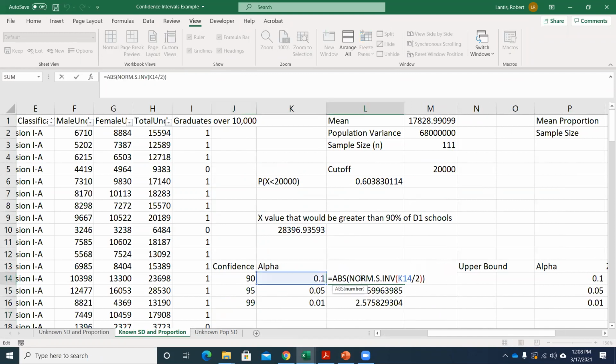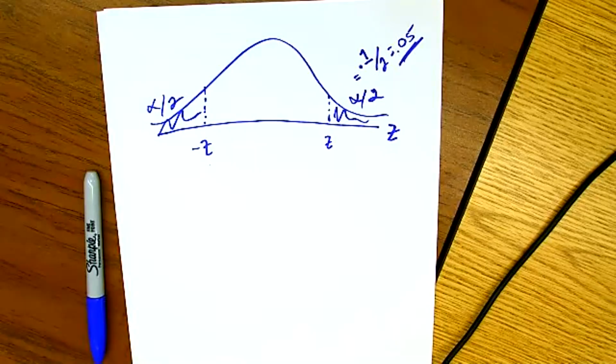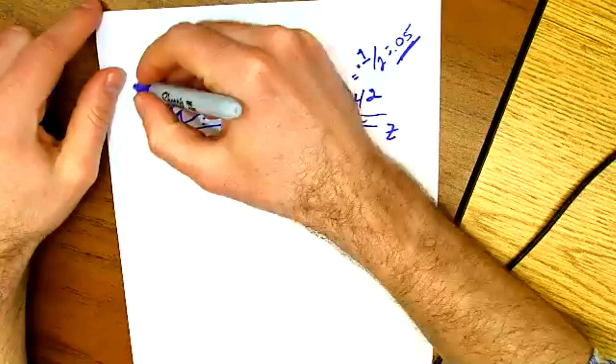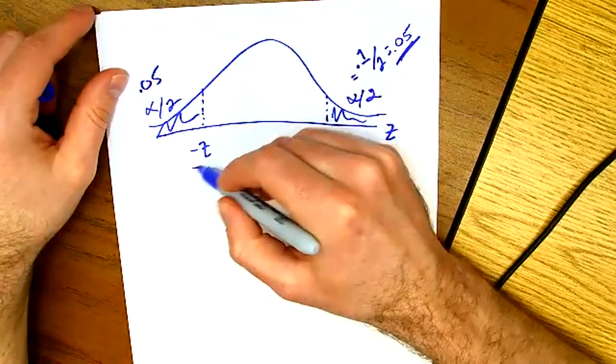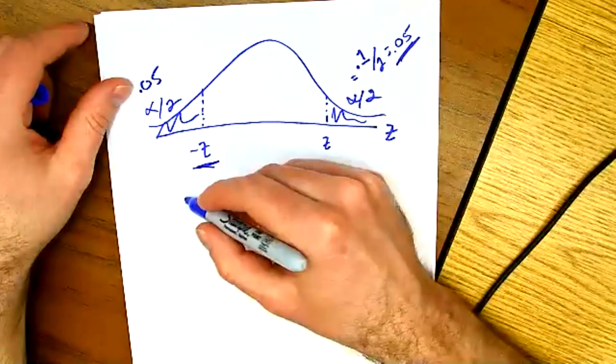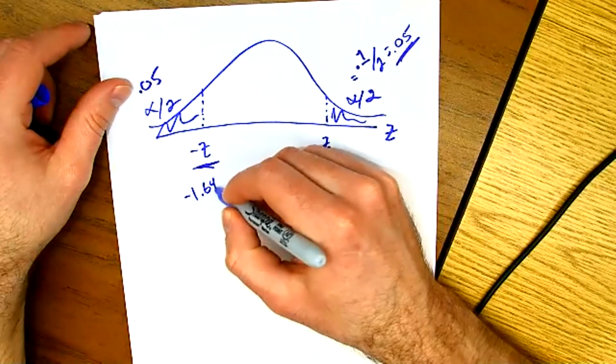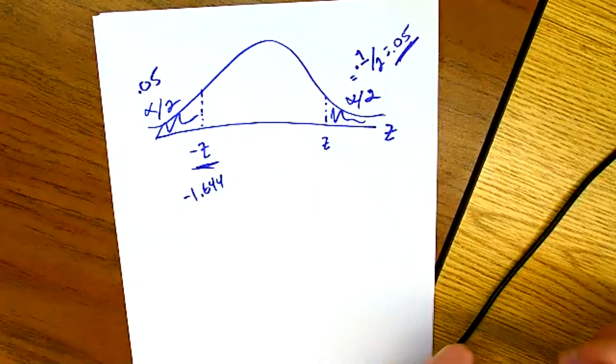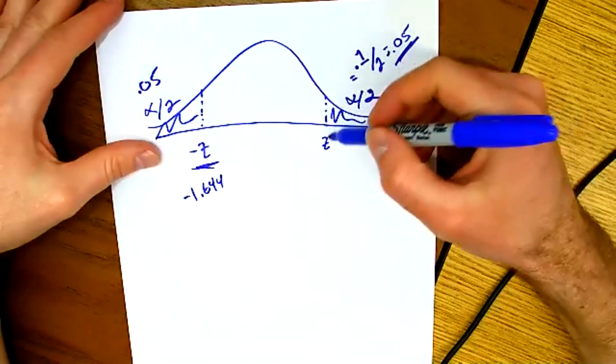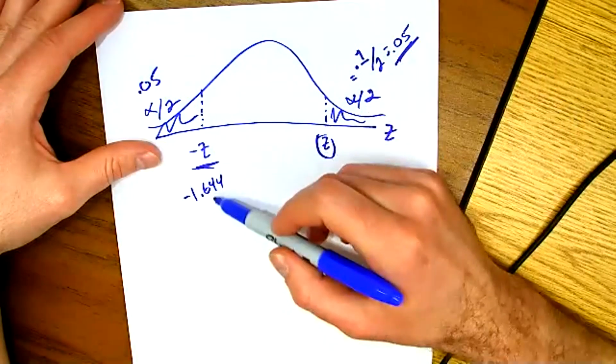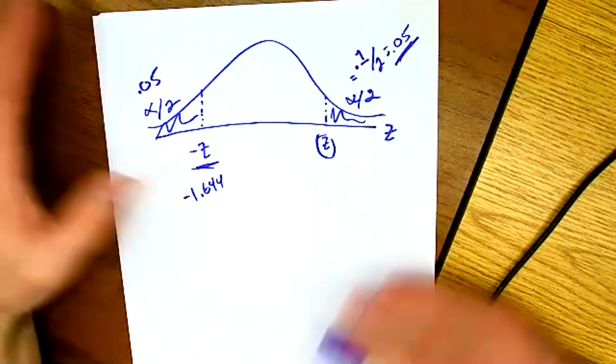Now, instead of just taking the absolute value, there's another way I could have done this. Right? So if we think about, I want to find 0.05 in that lower left tail, it will give me the negative z-score. I think it was like negative 1.644 something. So I know that z-score value is 1.644, so I took the absolute value.